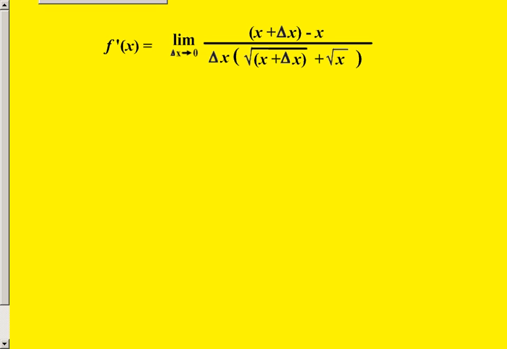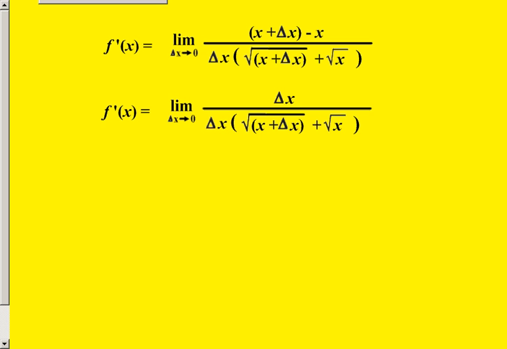And if we look a little closer, the numerator simplifies down even one step further. We have 1x to the first, and we have a negative 1x to the first. So those actually cancel, and then we are left with a monomial in the numerator, and the only term is delta x. So we have found a situation where, once again, the delta x's can cancel from numerator to denominator.